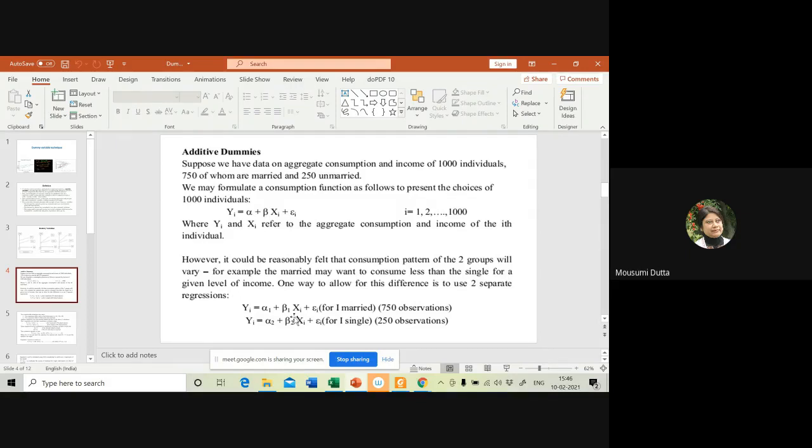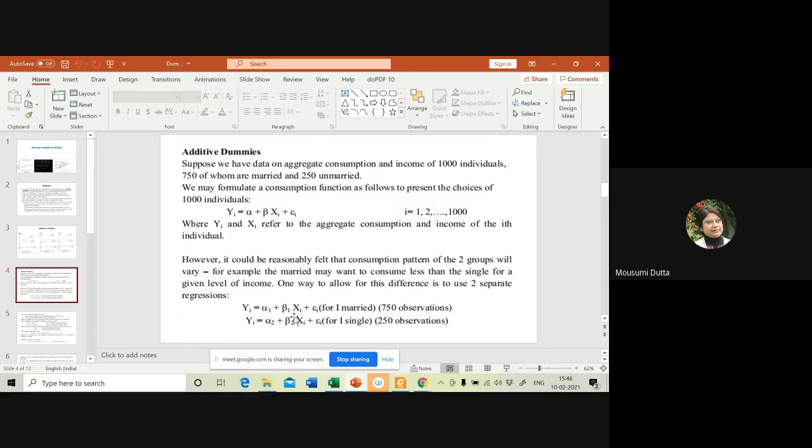You can use if condition with the regression command. So if the marital status equal to say married, you can estimate one equation, and for the other group you may estimate another equation.